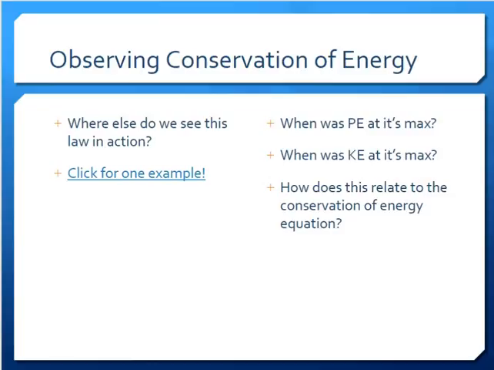So after showing the simulation, I would then ask the students, when was potential energy at its max, when was kinetic energy at its max, and how does this relate to the conservation of energy equation?